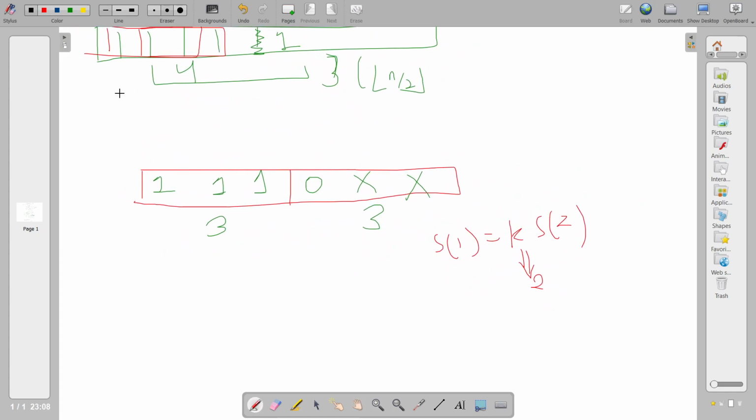So what you can do is you can take your second string as this one. It would always have a length of n by 2 or greater than n by 2 in some cases, in cases of odd length strings. For example, if you had a string of length 7, then it would be something like this.